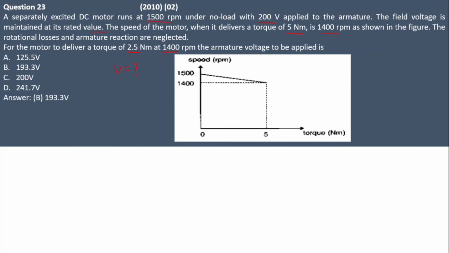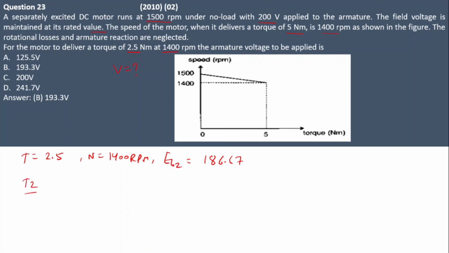Okay, so you know the torque is 2.5 Newton meter, speed 1400 rpm, and you know for this speed the back EMF for the same constant flux is 186.67. You have to calculate the current for this torque.